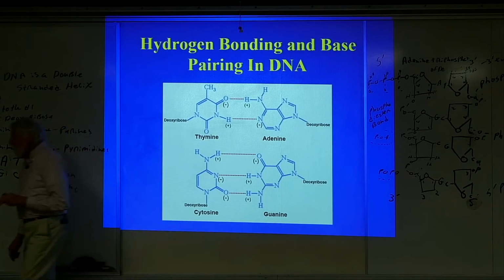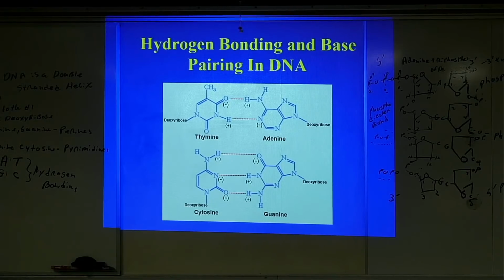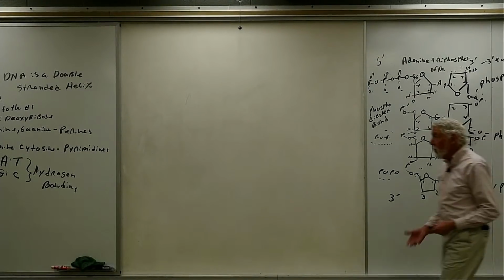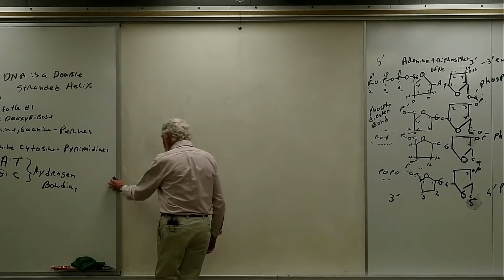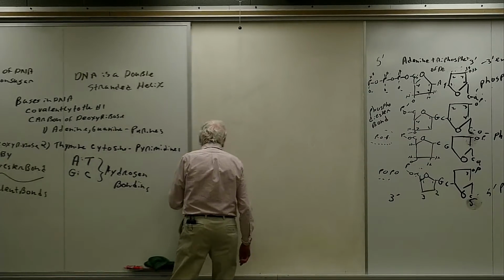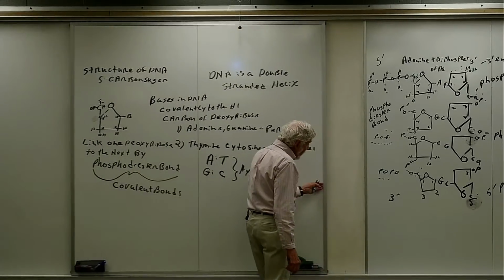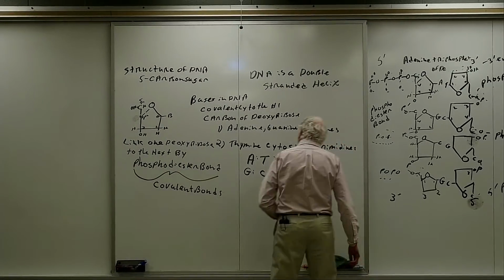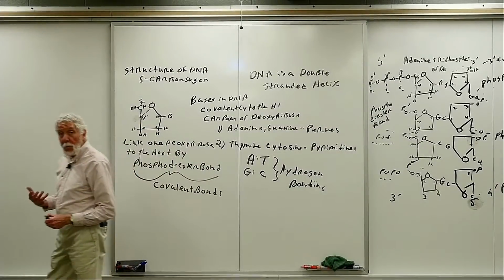Okay. So what we have talked about so far are the components of the DNA molecule. We've talked about the orientation of the DNA molecule being antiparallel. But for a molecule to be the basis of life, the molecule must be able to replicate.